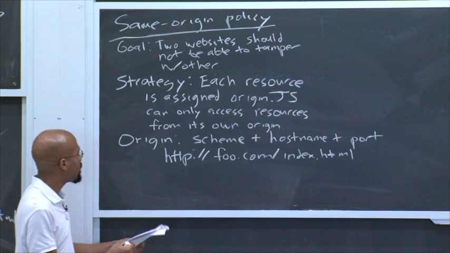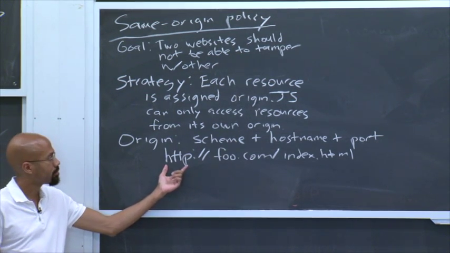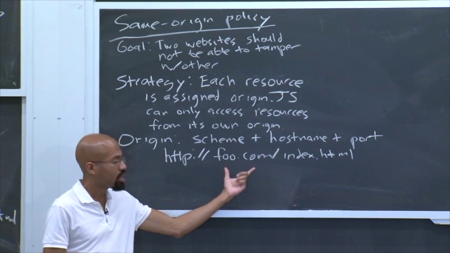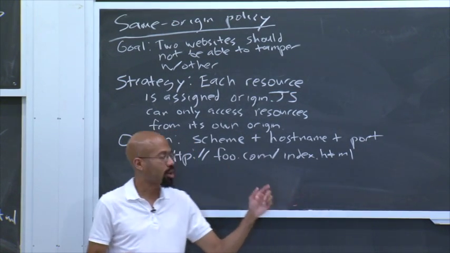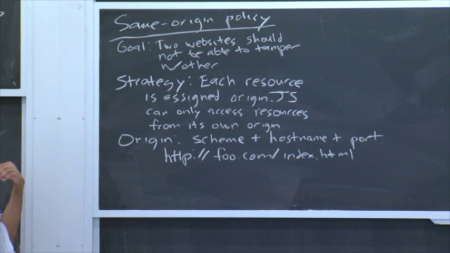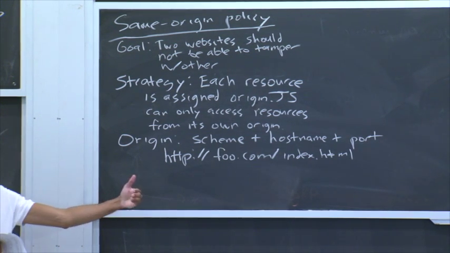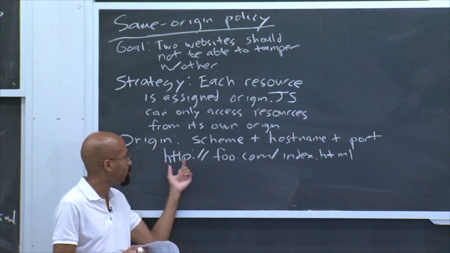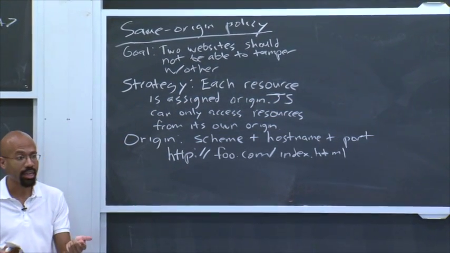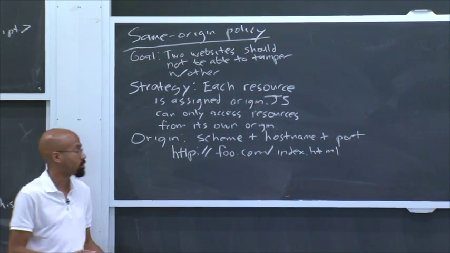Right? So the scheme here is HTTP. The host name is foo.com. And the port is 80. Now the port in this case is implicit. Right? The port is the port on the server side that the client uses to connect. So if you see a URL from the HTTP scheme and there's no port that's explicitly supplied, then implicitly that port is 80. Okay?